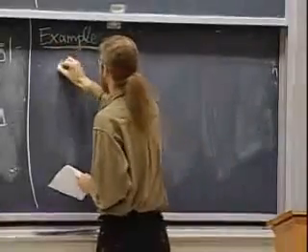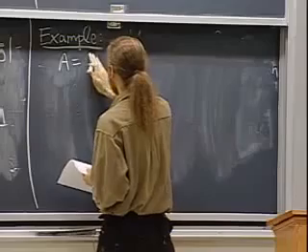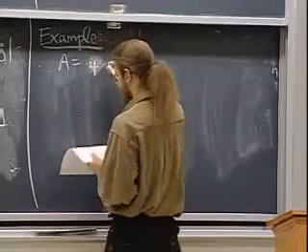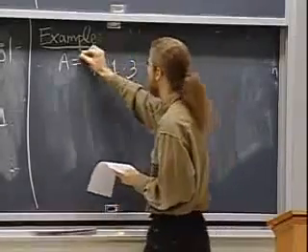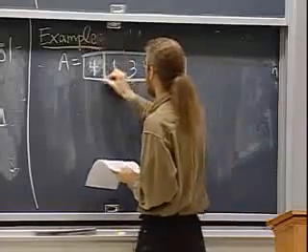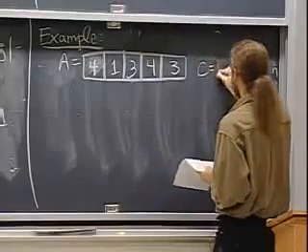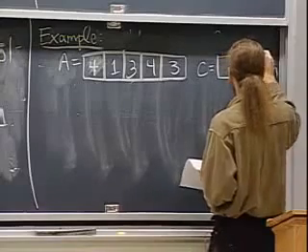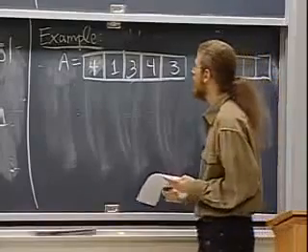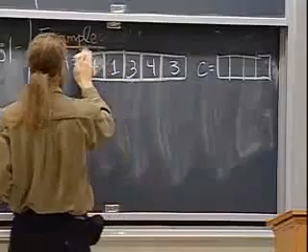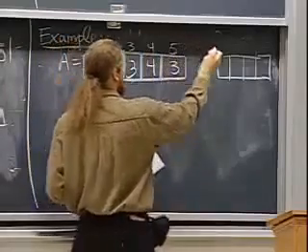So let's take an array A: 4, 1, 3, 4, 3. And then I want some array C. Let me add some indices here so we can see what the algorithm is really doing.